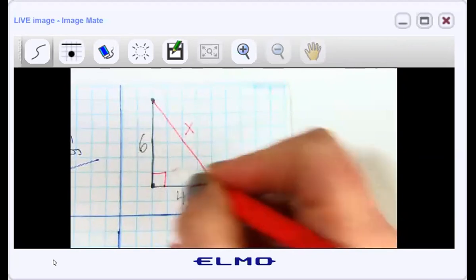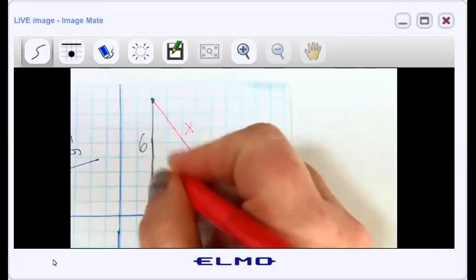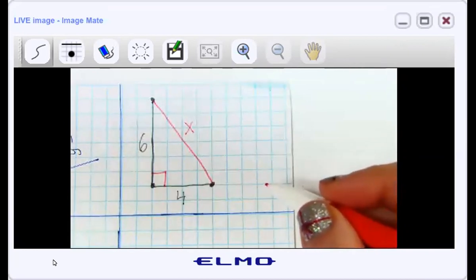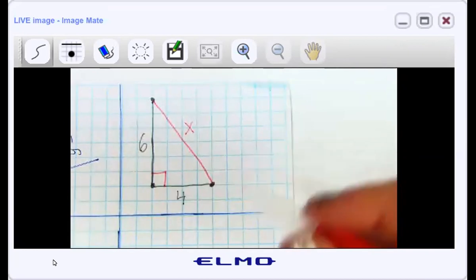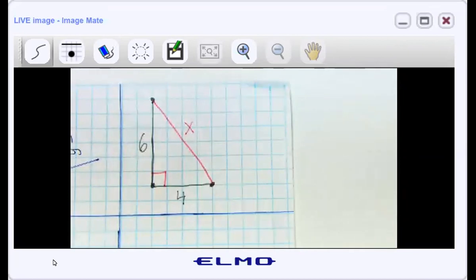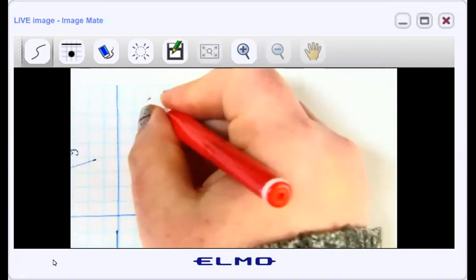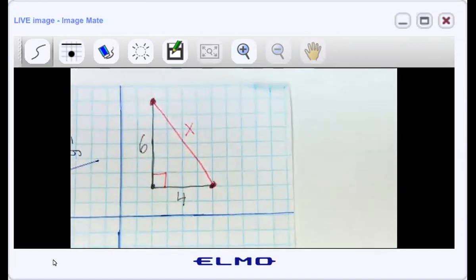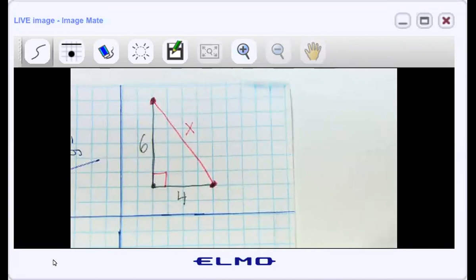Because I had a horizontal and a vertical, I know there's a 90 degree angle in there, so I can use the Pythagorean theorem to find that. Now, I'm not always going to be making a right triangle, though, right? They're just going to give me 2 points and I want to find the distance between them. But I want to show you how the way that I do it really is the Pythagorean theorem.